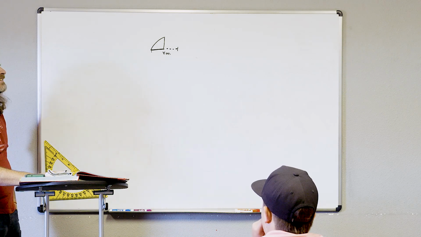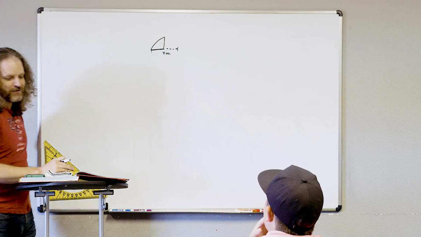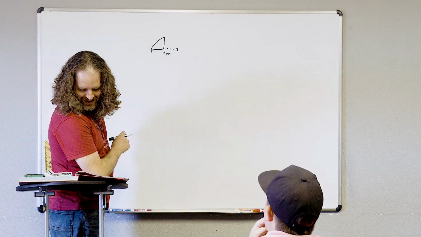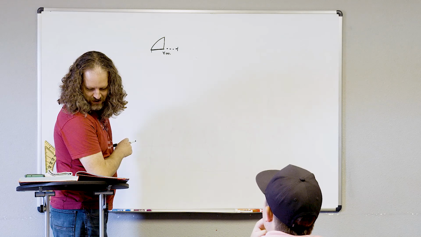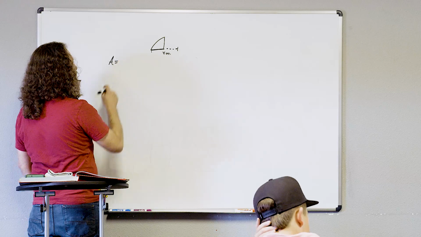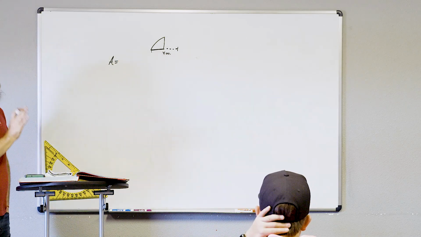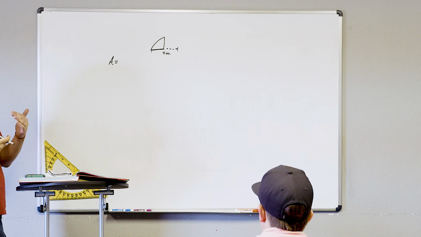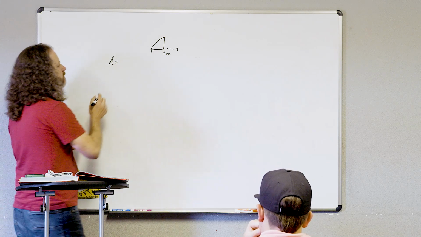So I thought that the radius was 2, but I don't have the right answer. So to find the area of a quarter circle, this is where we get a little wacky. Let's back up. What is the formula for the area of a circle? Pi times radius squared.